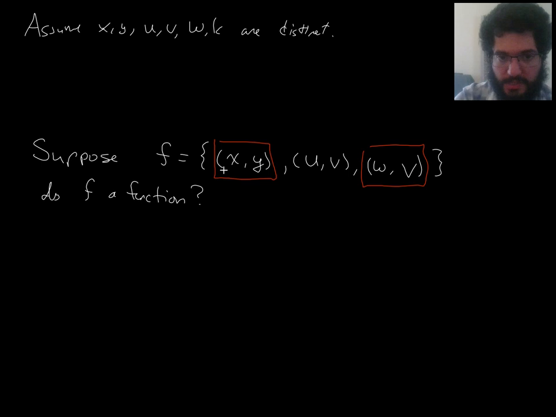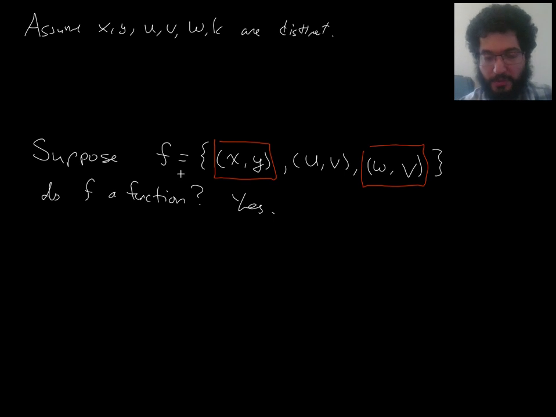So from just staring at this, you can see that you never have first positions matching up, so you never need to check whether the second positions match up or not. The fact that second positions here are matching up doesn't harm the functionhood of this set. So this set is definitely a function. And again, that's not a proof, that's kind of just an inspection and a guess coming from looking at it.